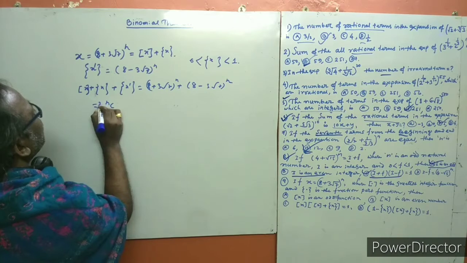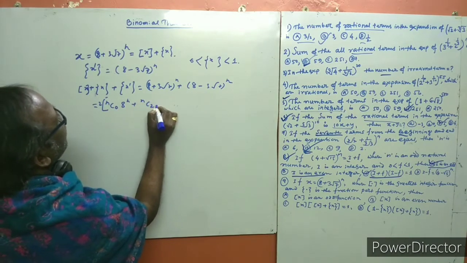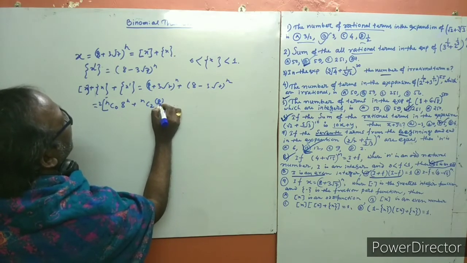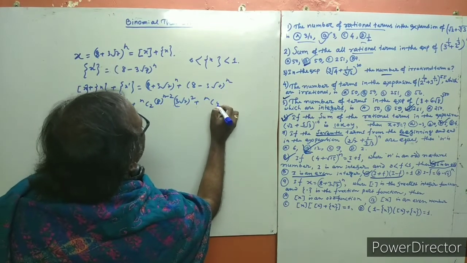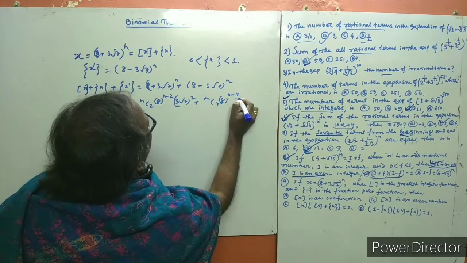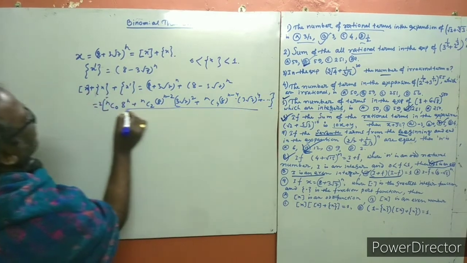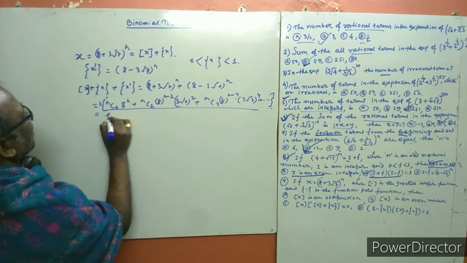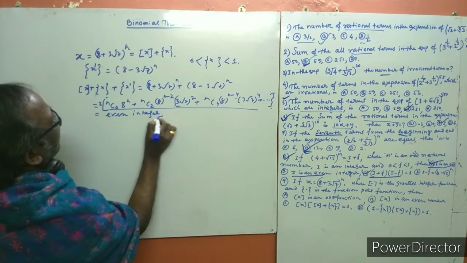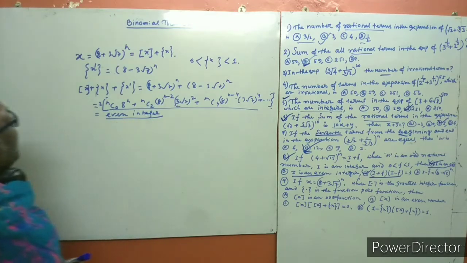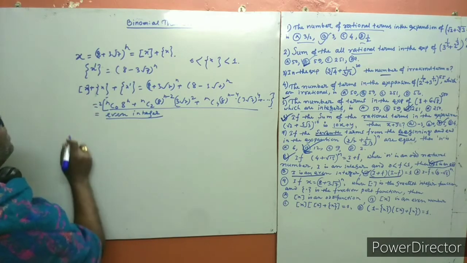If we add it, we get 2 times nC0 8 to the power n, nC2 8 to the power n minus 2 and (3 root 7) whole to the power 2, nC4 8 to the power n minus 4 and (3 root 7) whole to the power 4. See, this is an integer, an even integer. Therefore this is an integer and fraction.